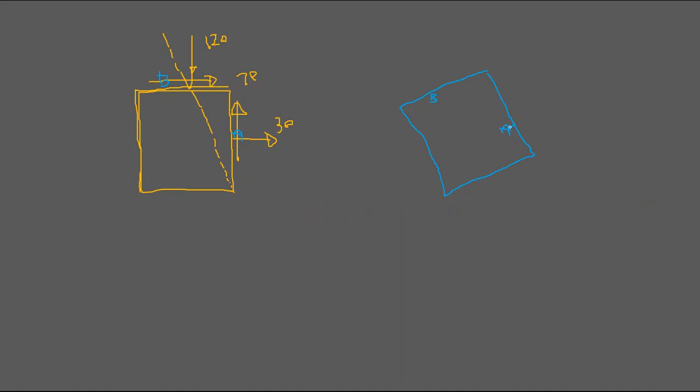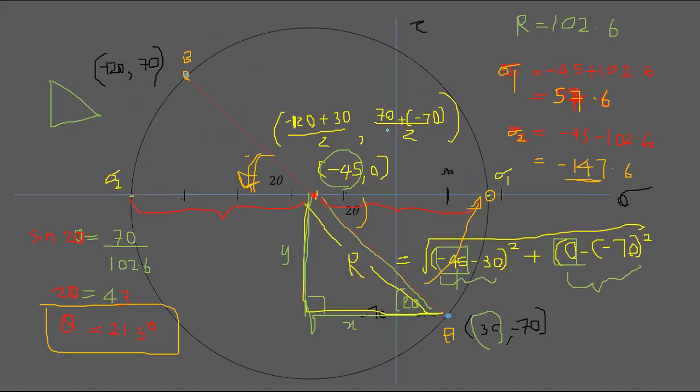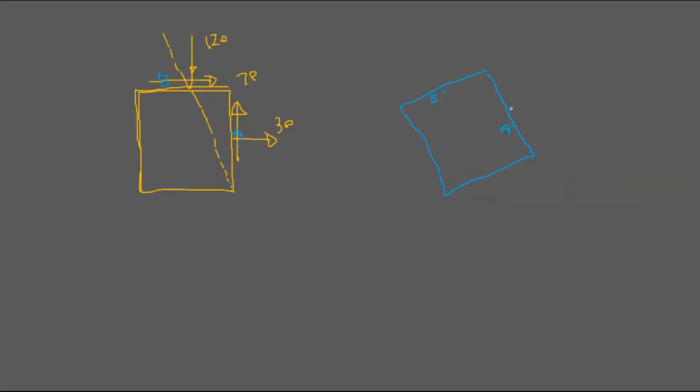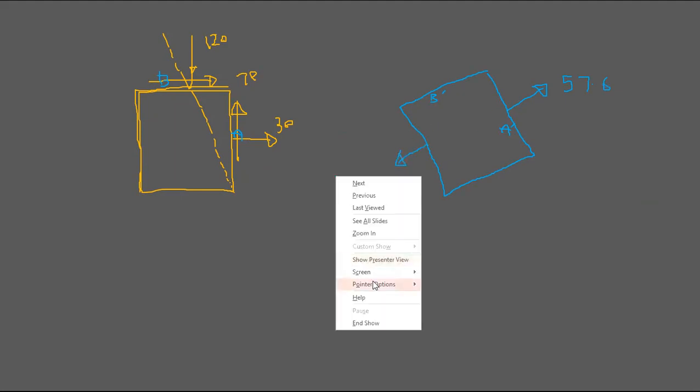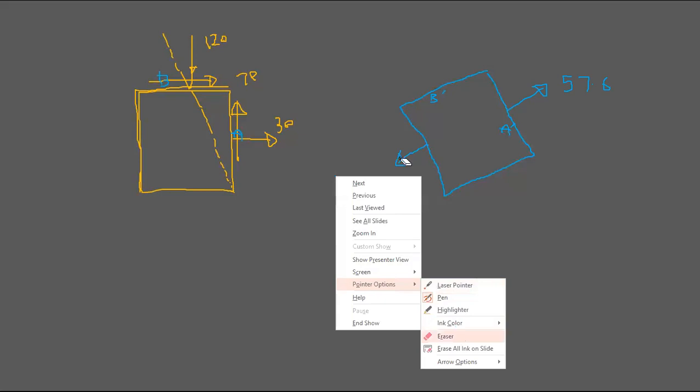Let's say A dash, B dash, because it's not actually the same plane, right? You have rotated. So you have 57.6 and minus 147.6. That is tension. Shear stresses are 0, right? I didn't draw that part.